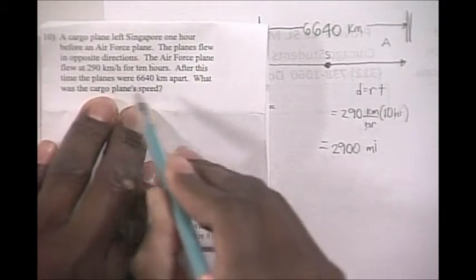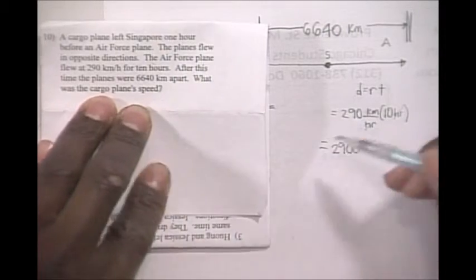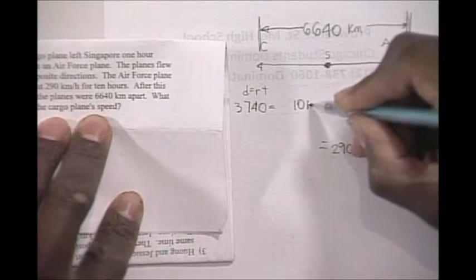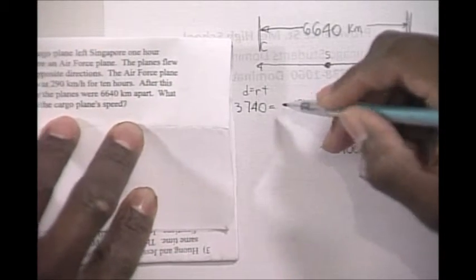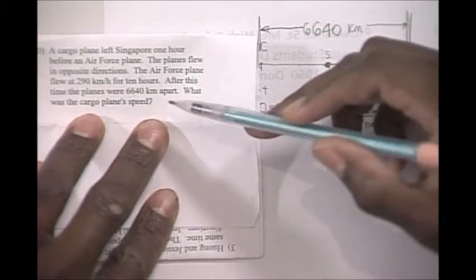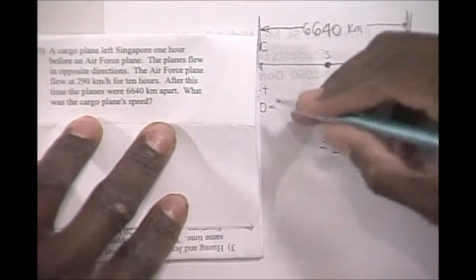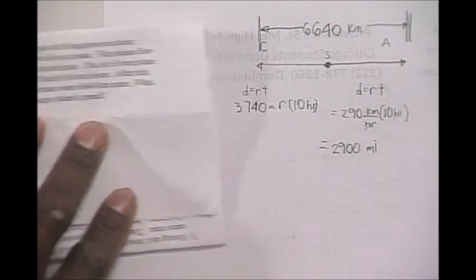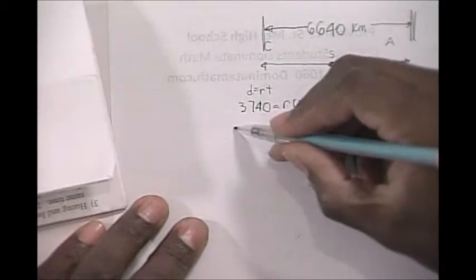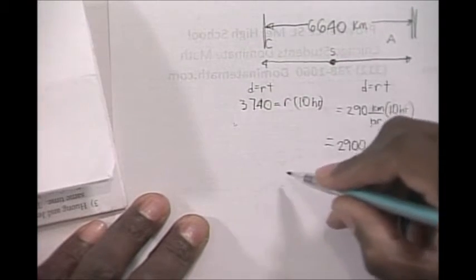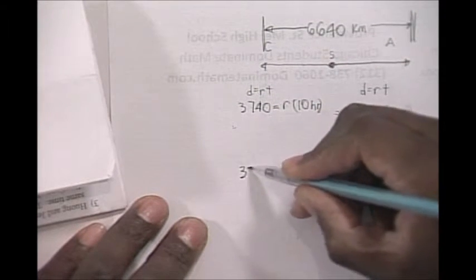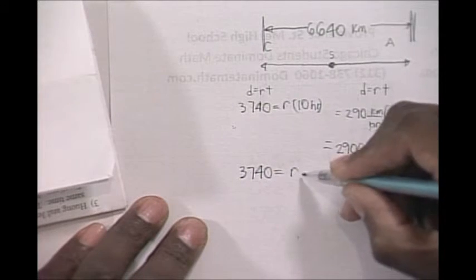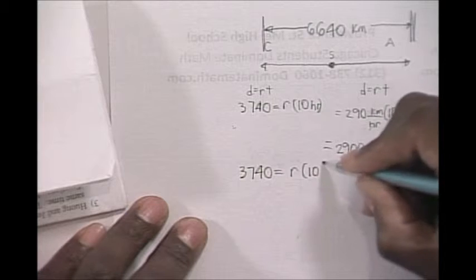After this same time, which was 10 hours, you're going to substitute in 10 for time. And they ask what was the cargo plane speed? Another word for speed is rate. So now you're going to end up with a basic algebraic equation: 3,740 is equal to rate times 10.